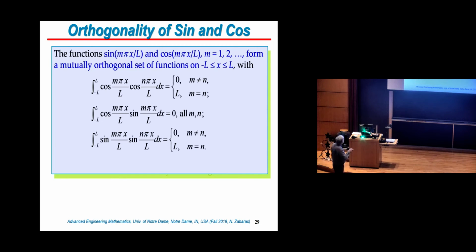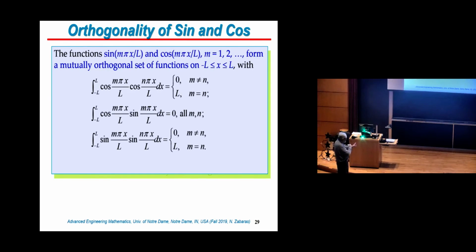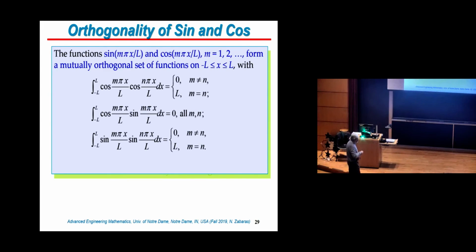And if m is equal to n, if you are good at computing integrals, this integral comes out to be equal to L. Similarly, if you take the product of two sines, it is 0 unless m equals n. And if you take the product of a cosine with a sine, you get 0 for all m's and n's. How better can this get? This is very nice.